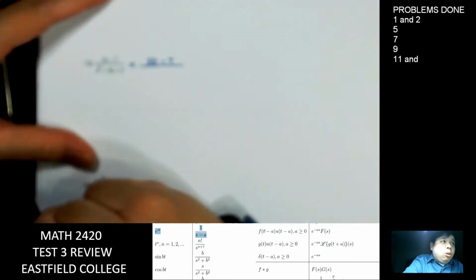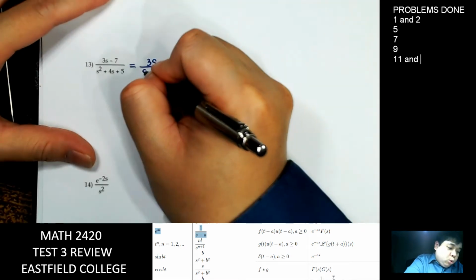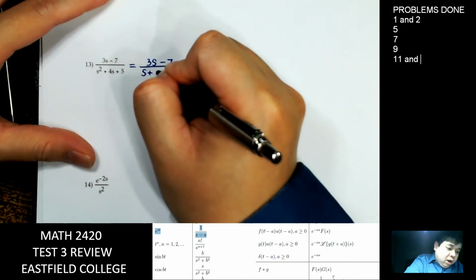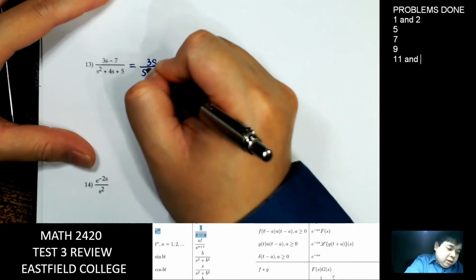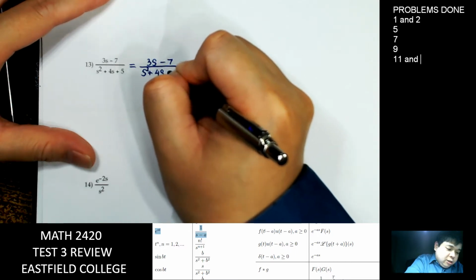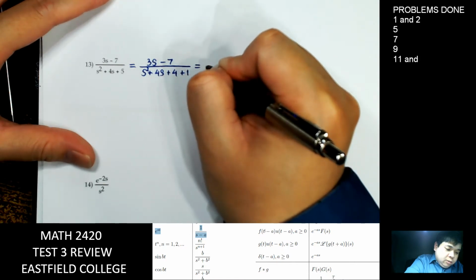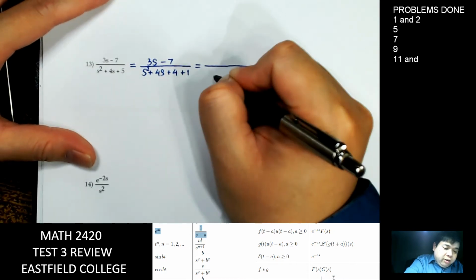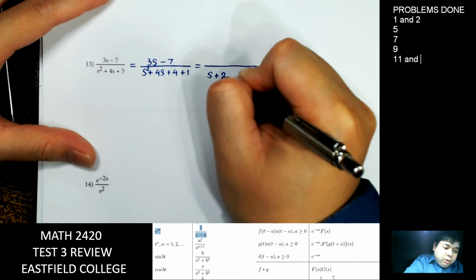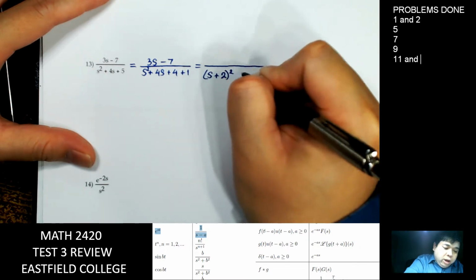This we cannot factor, but we can make a complete square. So we have x plus 2 square plus 1.